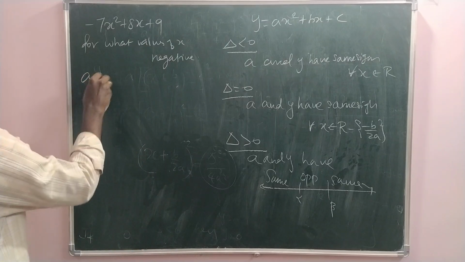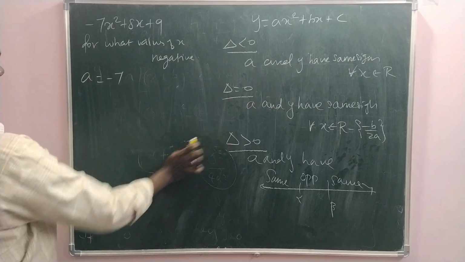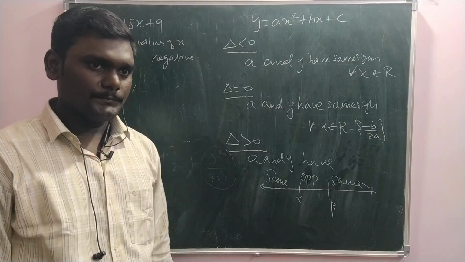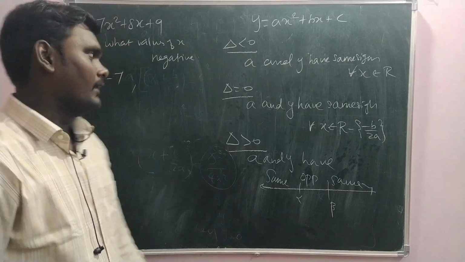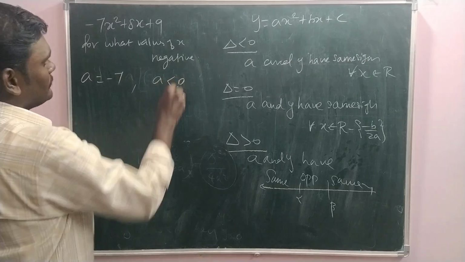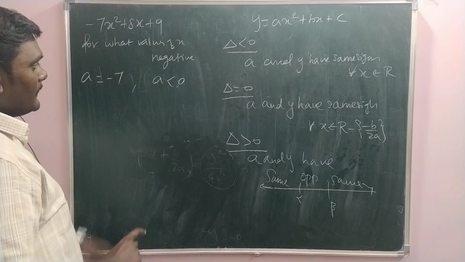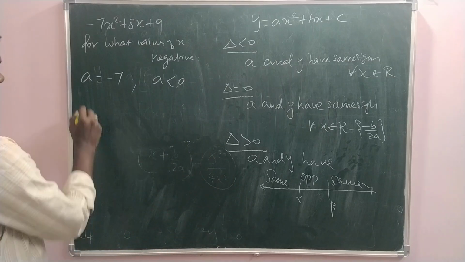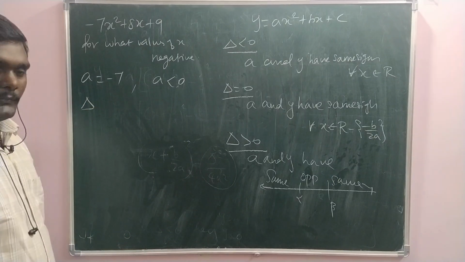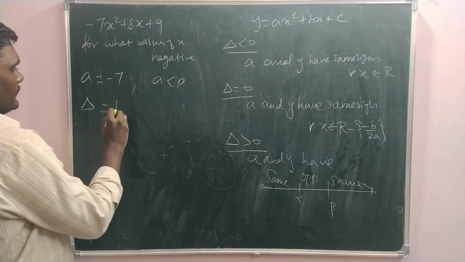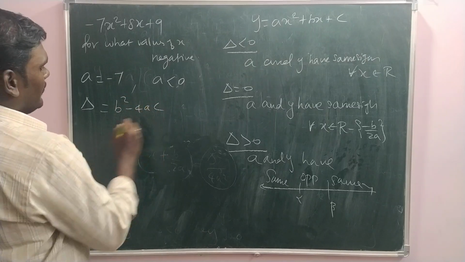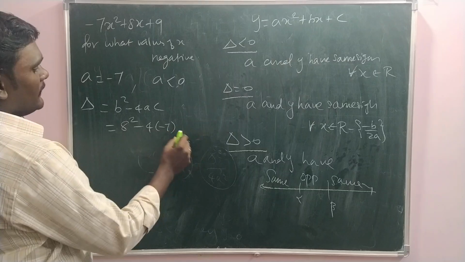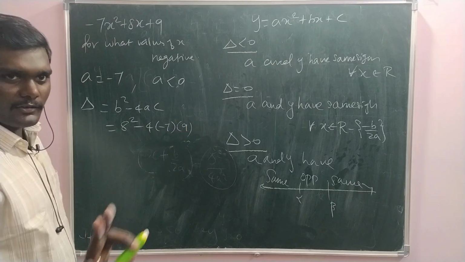Here a is not 7, it is minus 7. Minus 7 means a is positive or negative? Negative. a is less than 0. And the other thing which determines the sign is the discriminant. Calculate that also. It is b square minus 4ac, right? b square means 8 square minus 4 into a, which is minus 7, and c is 9. You don't need to actually calculate.